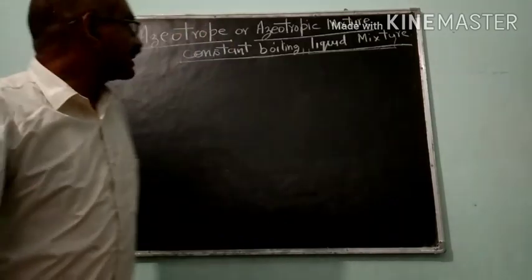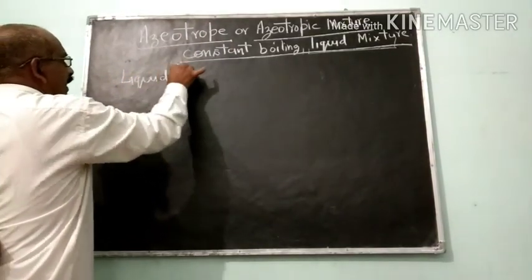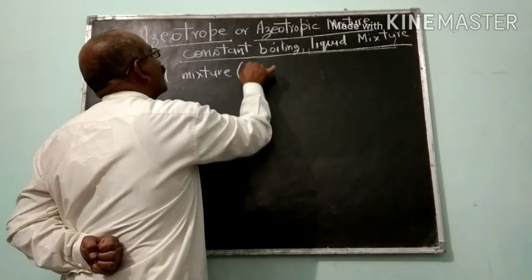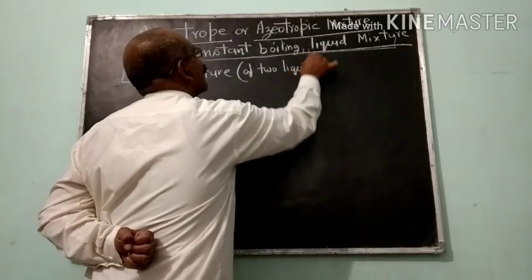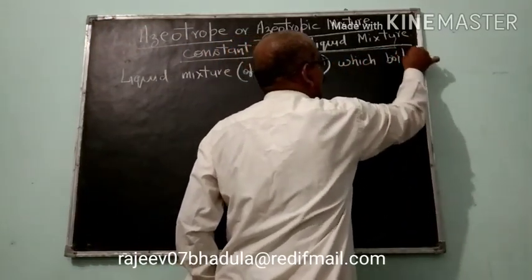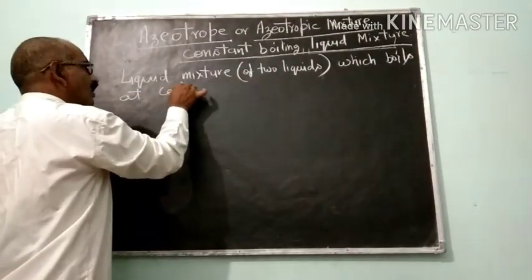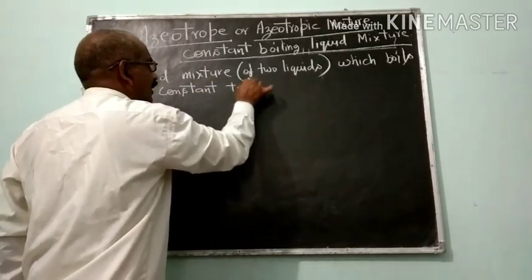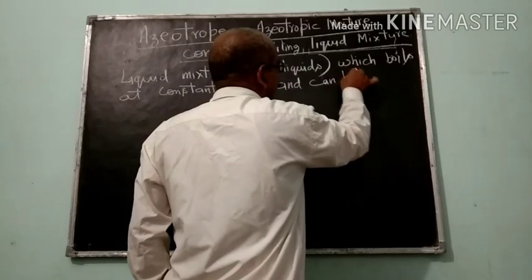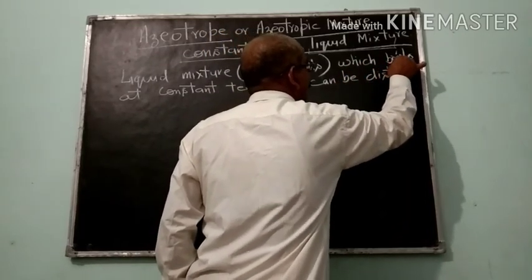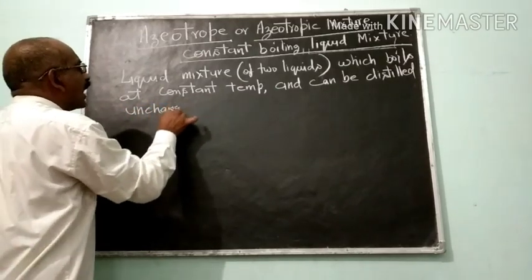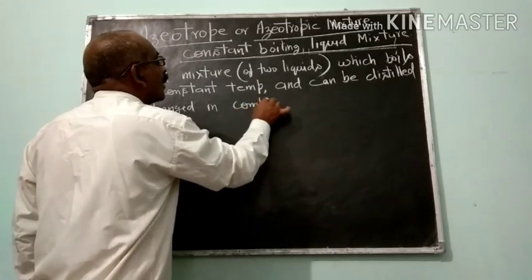So we can define the azeotrope as the liquid mixture of two liquids, which boils at constant temperature and can be distilled unchanged in composition.